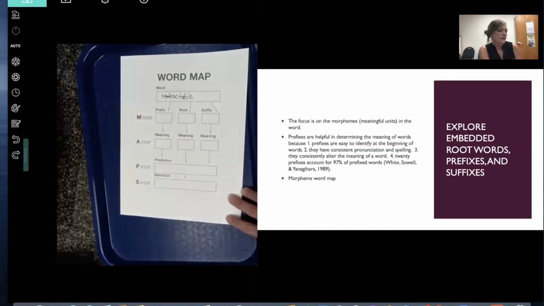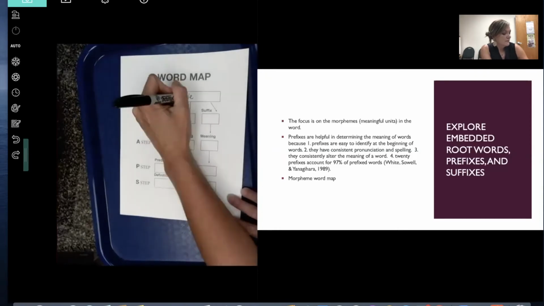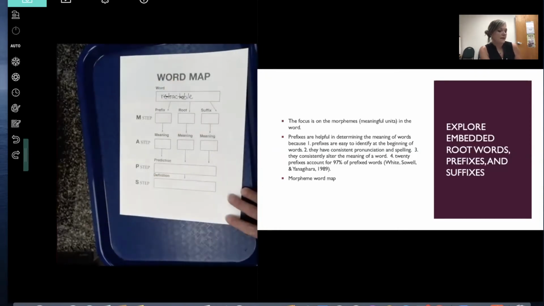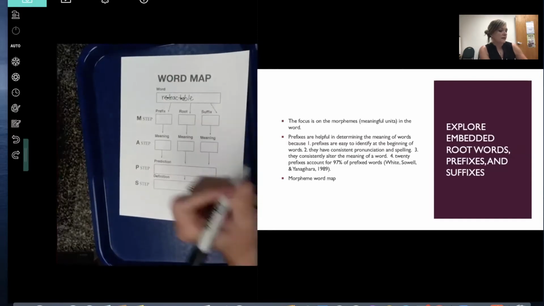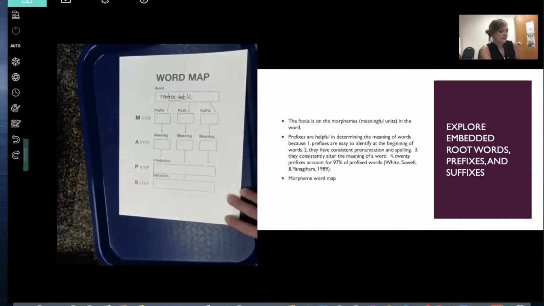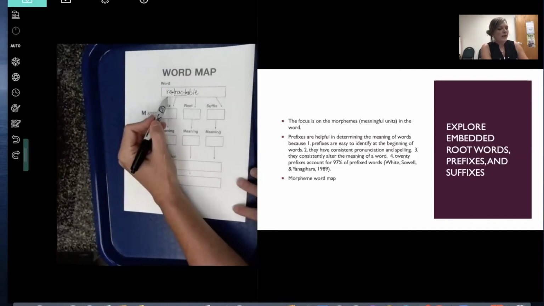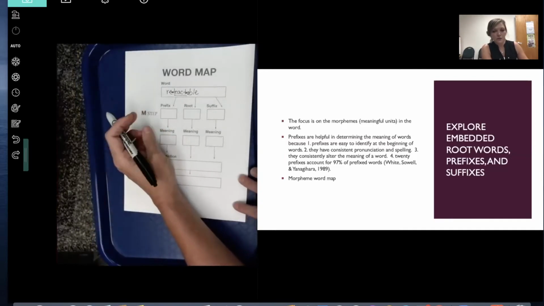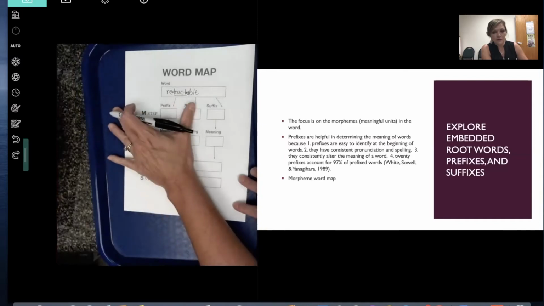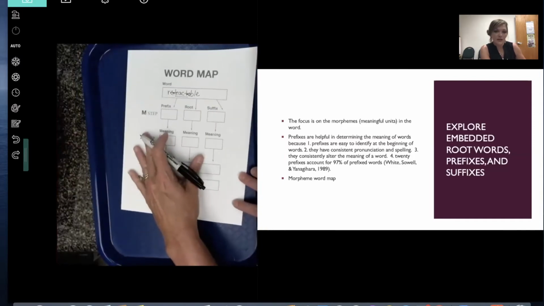And what would our suffix be? Able. Okay, and then that leaves our root word to be tract. Now re is hopefully a prefix that they would know, but if not, they can look it up.